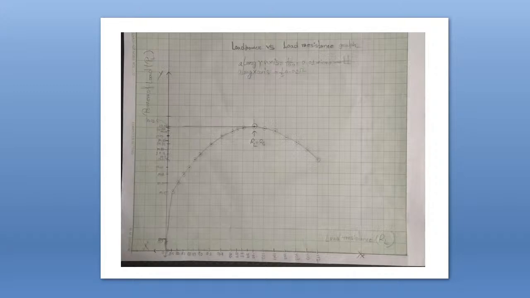So after getting at least 15 or 20 readings, you choose the value of the small unit for the x-axis and the y-axis based on the values of load power and load resistance.